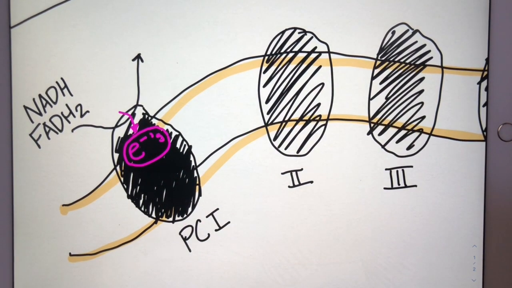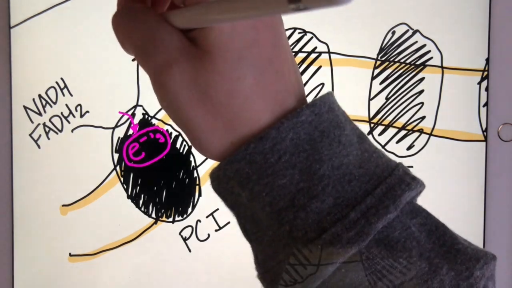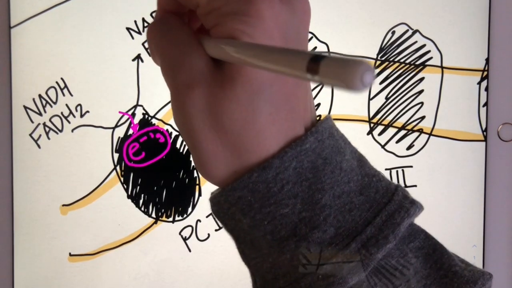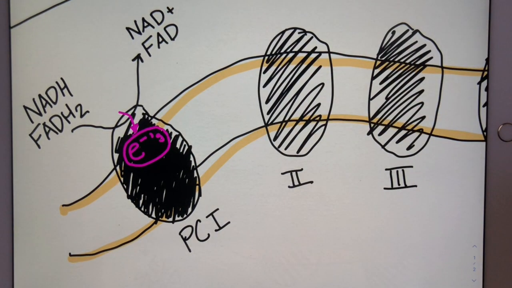And because with redox reactions, when we lose electrons, we're going to lose hydrogens as well, what we end up with is our NADH turning into NAD+, and our FADH2 turning into FAD.